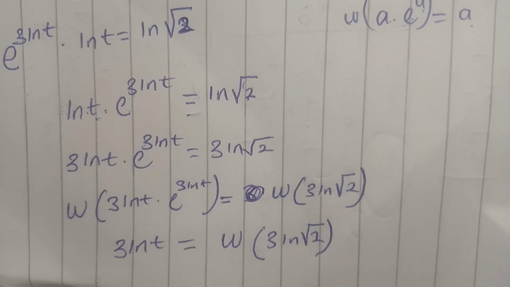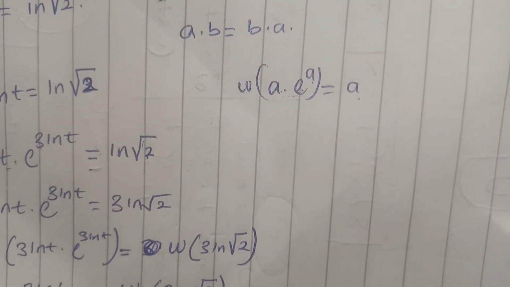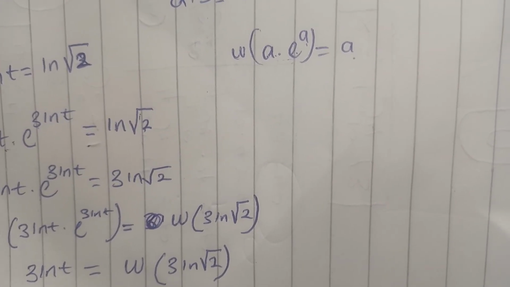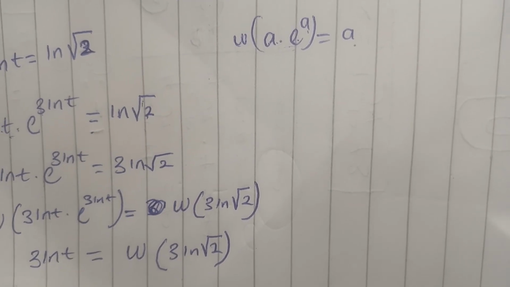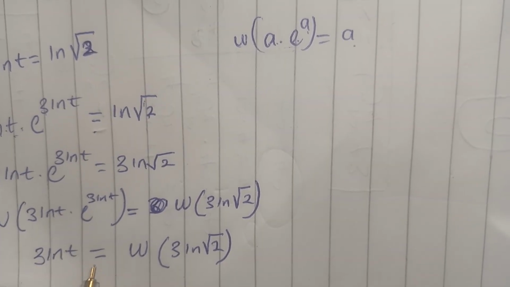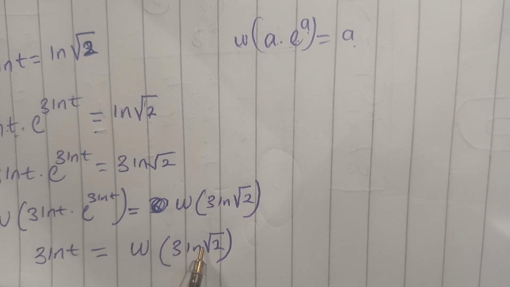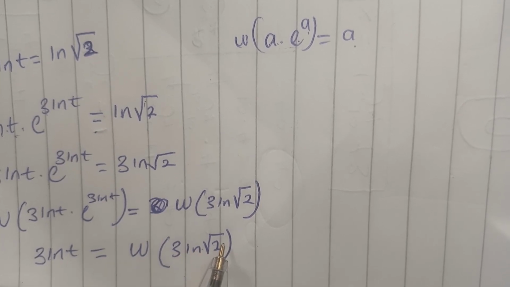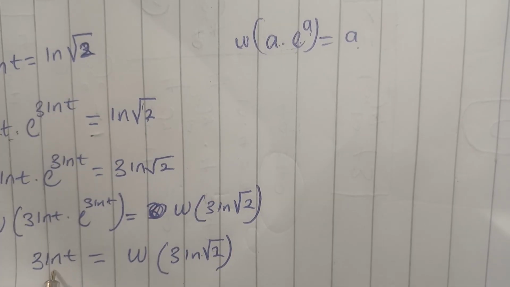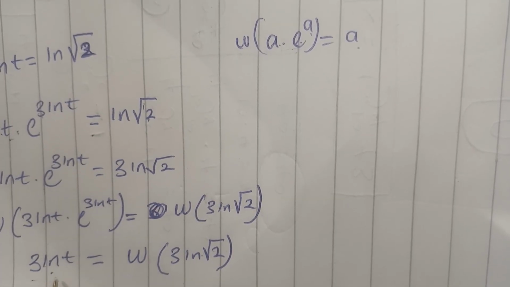Okay, so this is what we are not having. So if we should come here to solve further, we are not having 3 ln of t is equals to Lambda doublet function into 3 ln of root 2. So we want to make ln of t to stand on its own. So we'll divide both sides by 3.